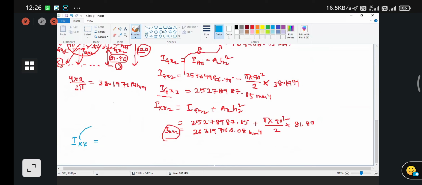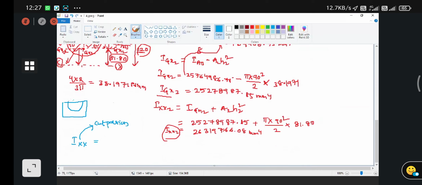So total, this is for the cutout portion. Cutout portion means shaded portion. Shaded area is there, no? So I am going to find out the moment of inertia for the shaded portion. So see here, this is my rectangular section. From this one, here to here, I have subtracted.